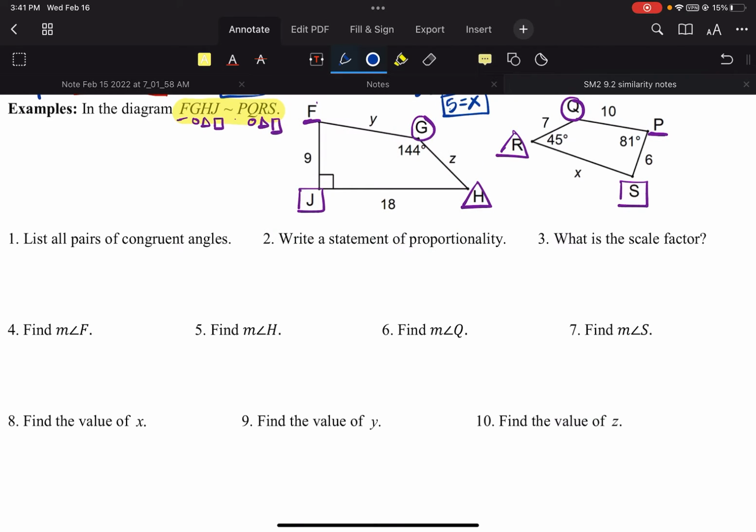What we want to do is list all the pairs of congruent angles, which are going to be the corresponding angles.